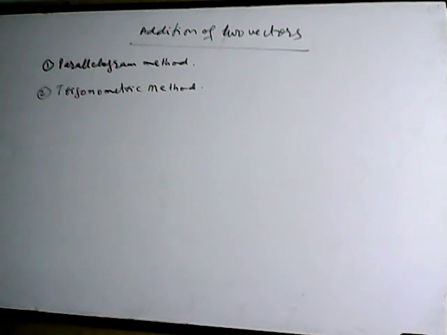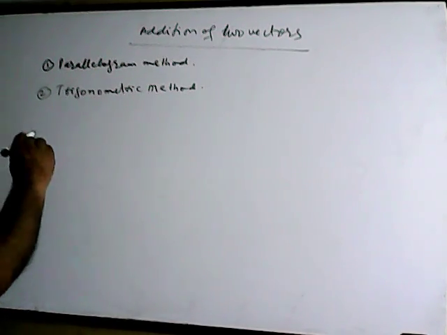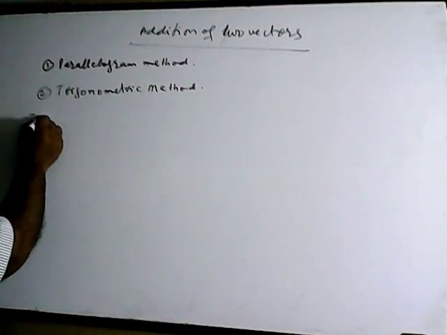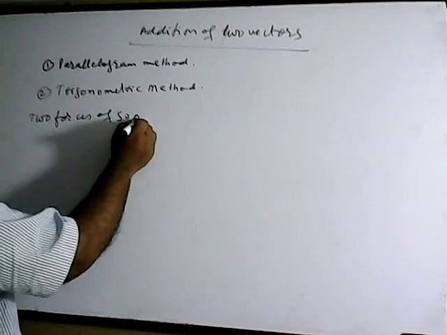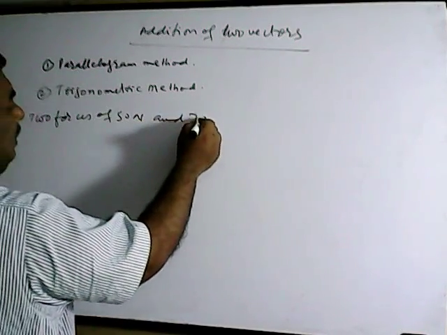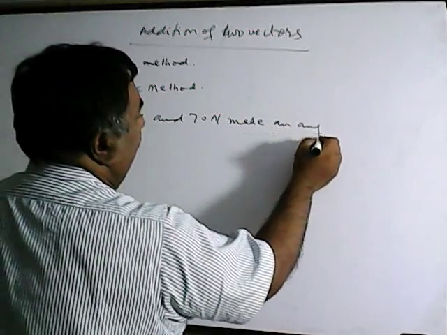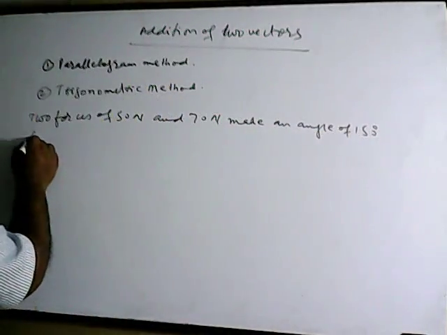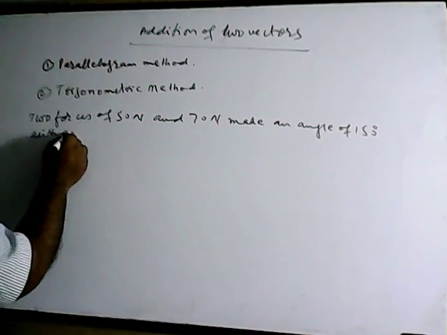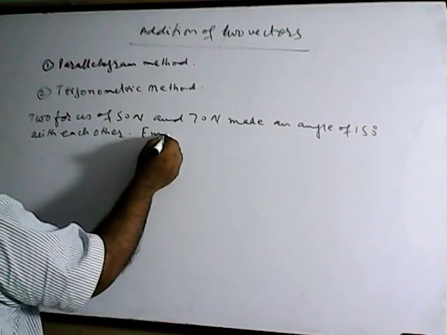So suppose the question is: if two forces of 50 Newton and 70 Newton make an angle of 150 degree with each other, find their resultant.